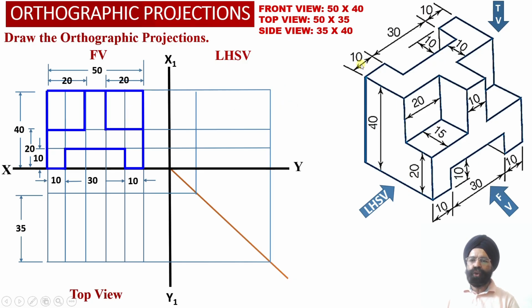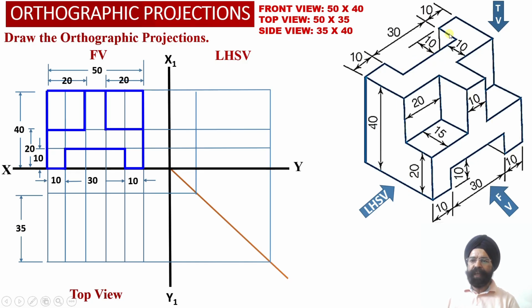And another thing we should observe, there is a rectangular slot which is lying towards the rear side of the solid over here. So this surface and this surface, both of these surfaces are available at a distance of 10 millimeter from the right hand side surface and at a distance of 10 millimeter from the left hand side surface of the solid. Both of these surfaces will not be visible to the observer from the front view orientation.